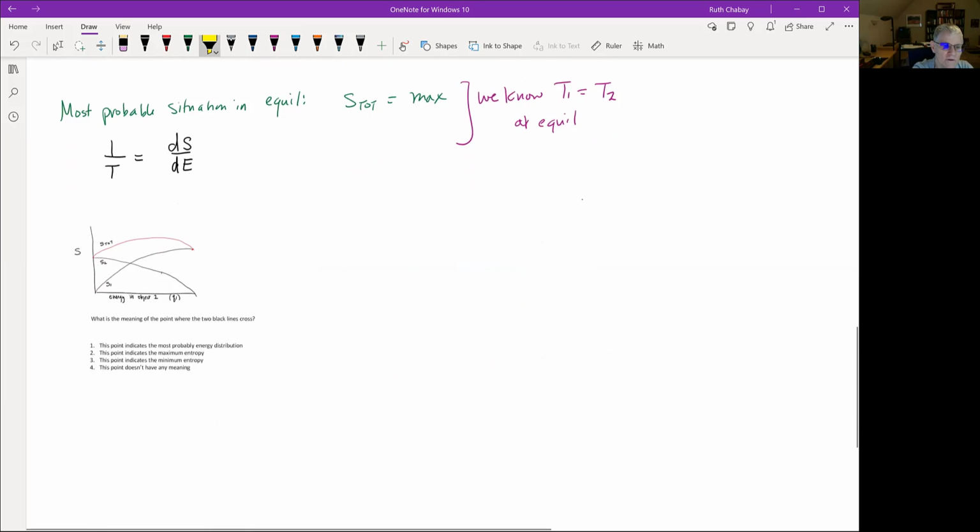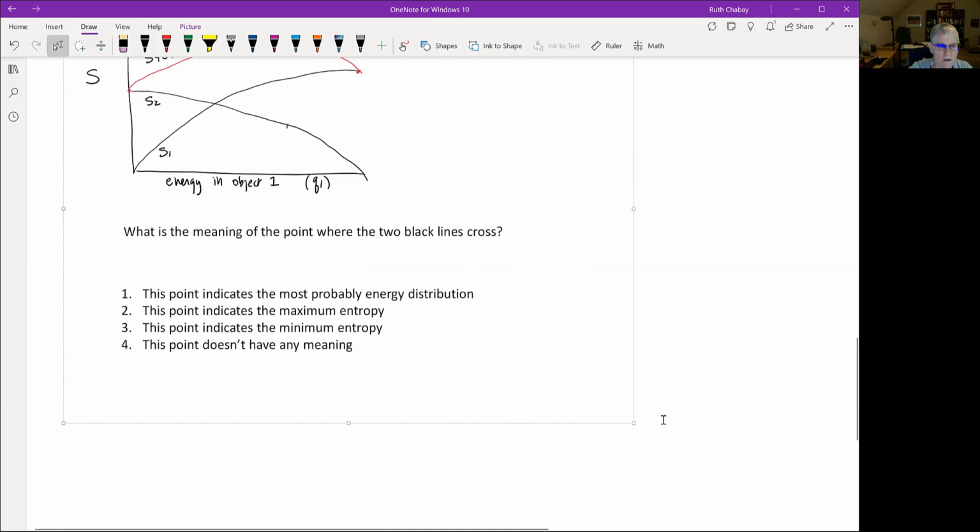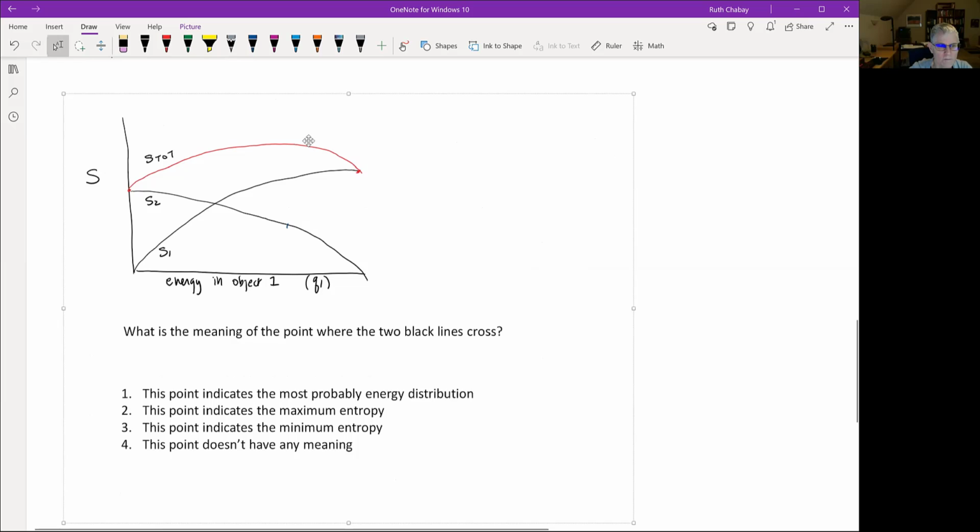So I have a question for you about a graph like this one. We saw that the situation with maximum entropy is the most probable equilibrium. What is the meaning of the location where the two black lines cross?